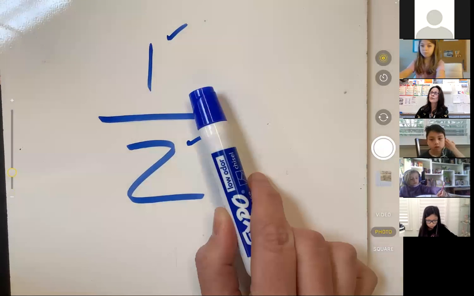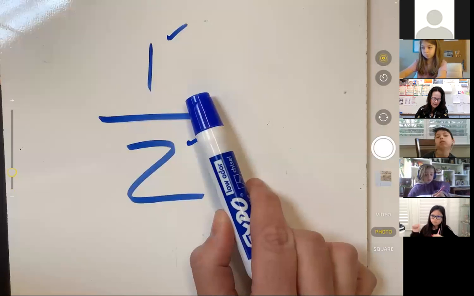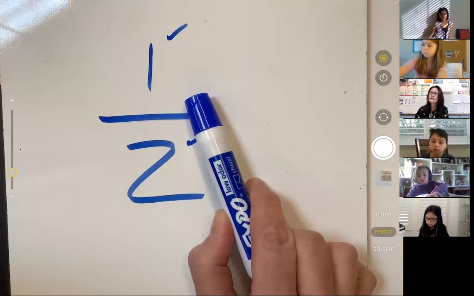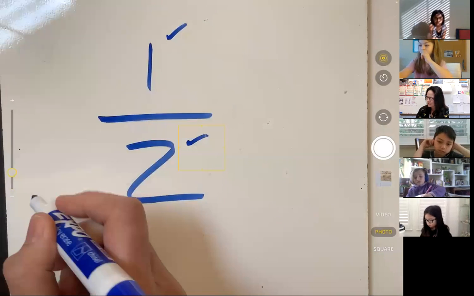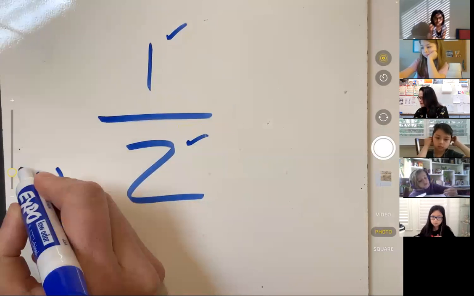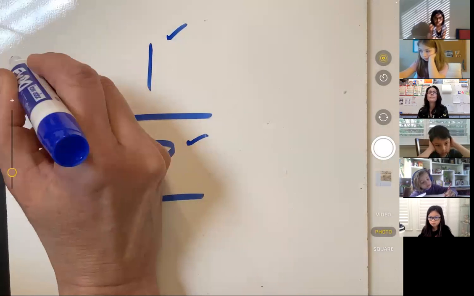The numerator, or the number above, is telling us the number of equal parts that are currently being described. All right. So again, I'm going to put down here, this is going to be a D for denominator. This is going to be an N for the numerator.